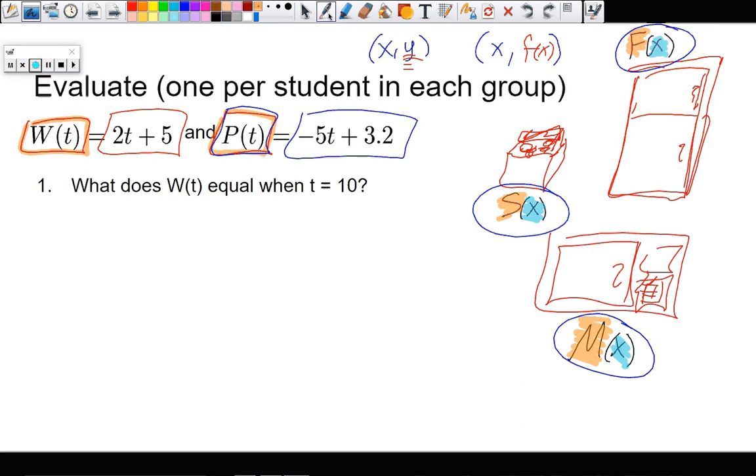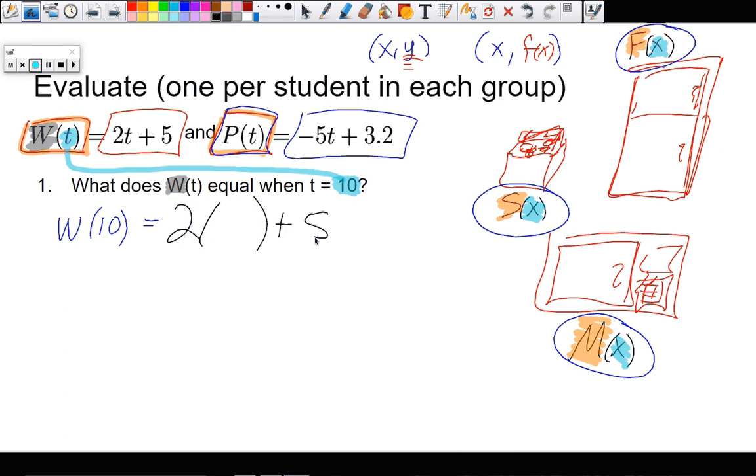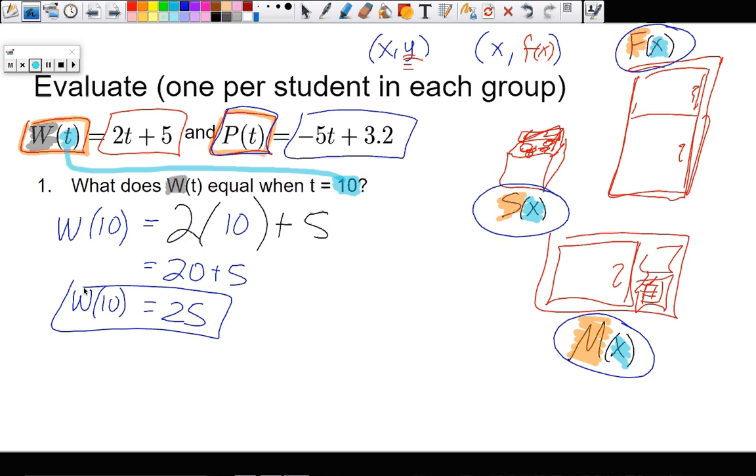All right, so now, what does w of t equal when t is 10? What you're going to do is identify which function we're talking about first, and we're going to enter the value of 10 for t. So the value at 10 on the w function will equal, if I plug in a 10 where I see that input t value, 2 times 10 is 20, plus 5 gives 25, and therefore w of 10 is equal to 25.